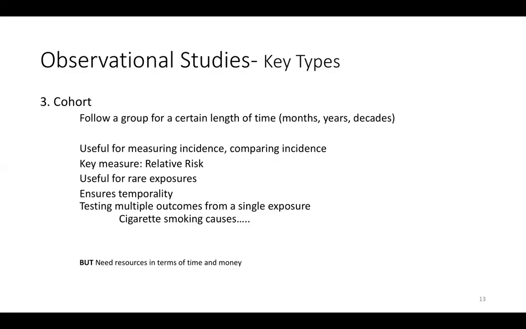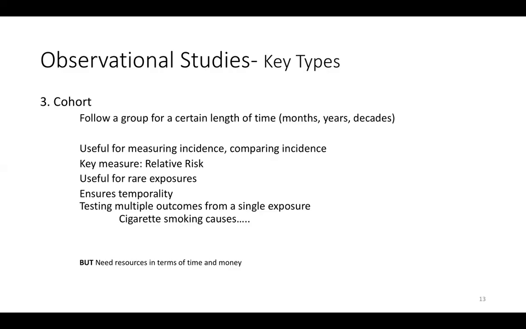As I mentioned before, linking smoking to lung cancer is one type of outcome, but we can also link smoking to other respiratory illnesses. We can link smoking to heart disease.